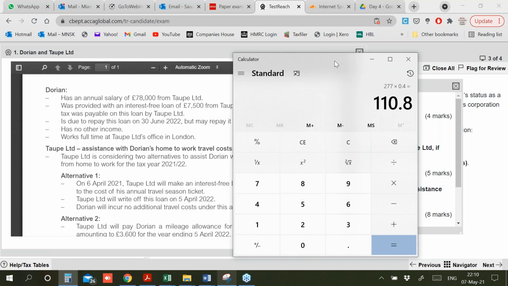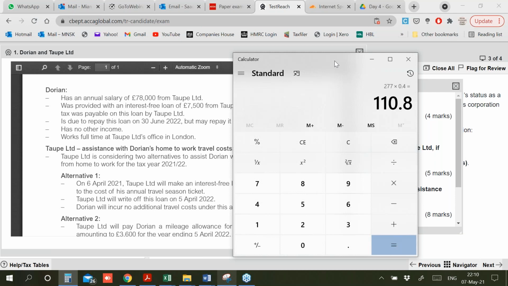However, if he receives this amount as a loan as well, all of his loan benefit becomes taxable into his salary, and the benefit is calculated on the interest, and the HMRC interest rate is 2.25%. So I've calculated the interest, and on that I have taken 40% as tax, because if that benefit is added into his income, it will increase his income by 277, and therefore his tax liability by 111. So this is the cost if alternative 1 is selected.